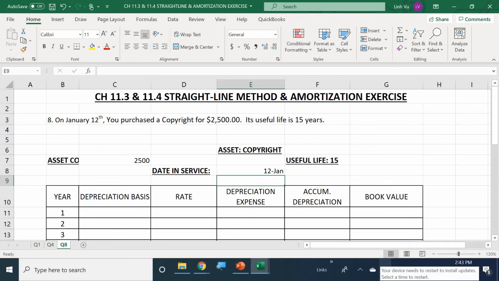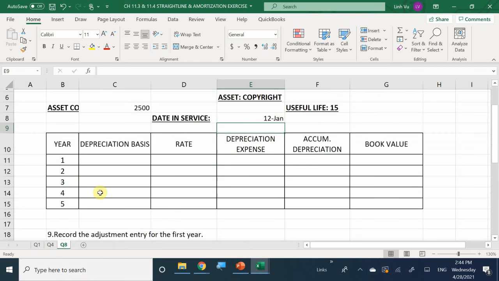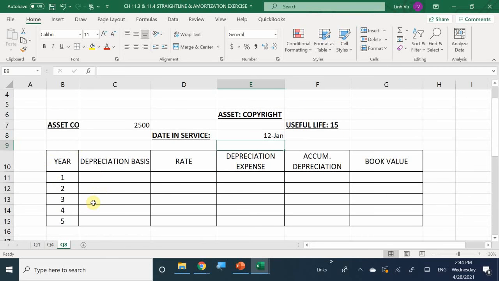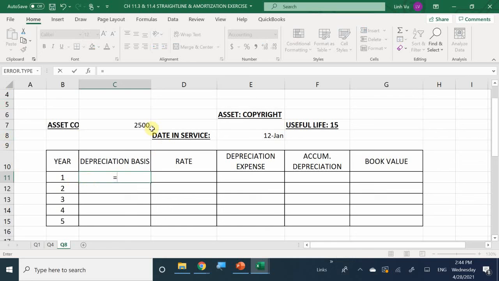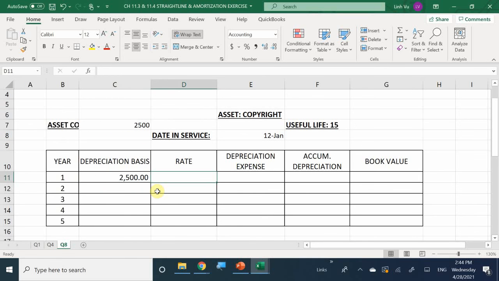So therefore, assuming that I amortize this every year as of December 31st, when do I actually start amortizing? January 1st. Because we are doing something similar to straight line, and because there's 15 years, I'm only going to have you guys do the first 5. So what's going to be my depreciation basis? The 2,500. Okay. What is going to be my rate?